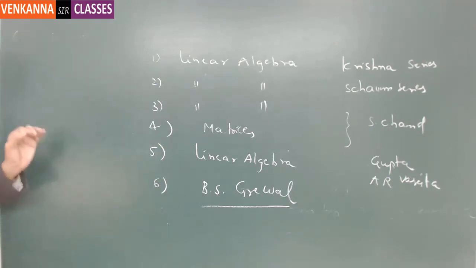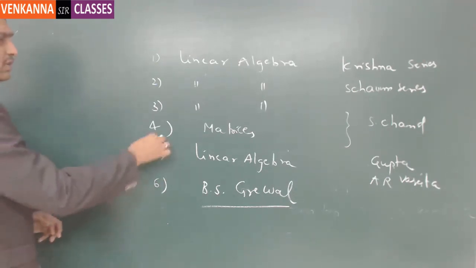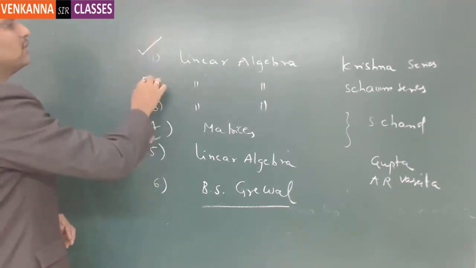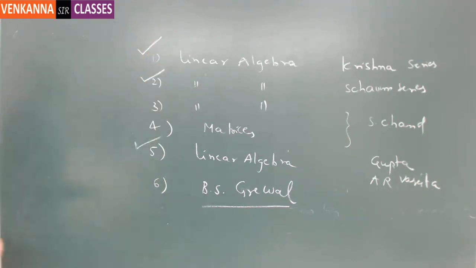Similarly for the other books too. However, these things you can take: Linear Algebra Krishna series, Sham series and Gupta and Vasistha. You can have both portions in these books, vector spaces as well as matrices.